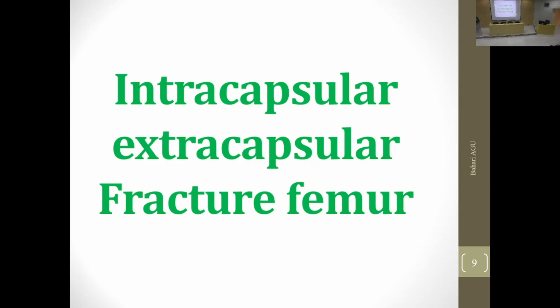Okay, that is regarding the hip dislocation. What about the intracapsular and extracapsular fractures? In the AGU, we tried to discuss the intracapsular and extracapsular fractures, and this depends on the blood supply, because the blood supply of the head of the femur is very unique. It comes from different sources, but as we get older, those sources diminish until only one source can maintain the blood supply for the head of the femur.